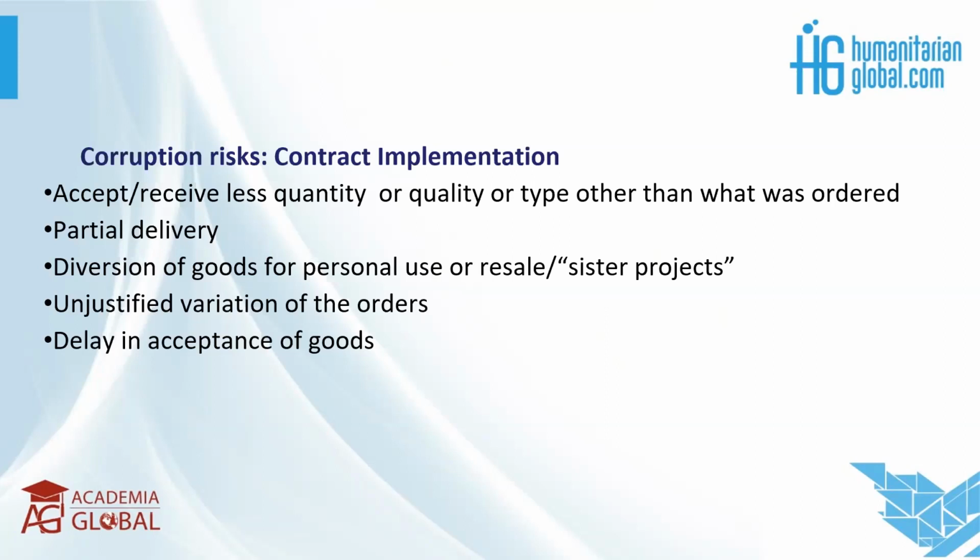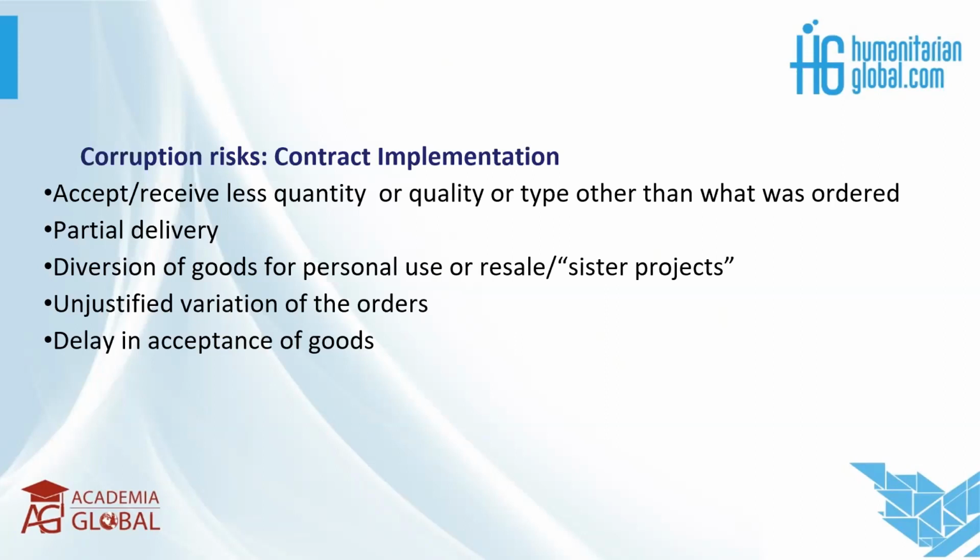The other one is delay in acceptance of goods. So this is when goods come, but then they stay without being received by the procurement professional or the warehouse person. So when there is no acceptance of goods, then there is a gap. What is happening? Are people waiting for people to forget that we were supposed to buy? Is there someone waiting so that they can channel these things to their sister projects?